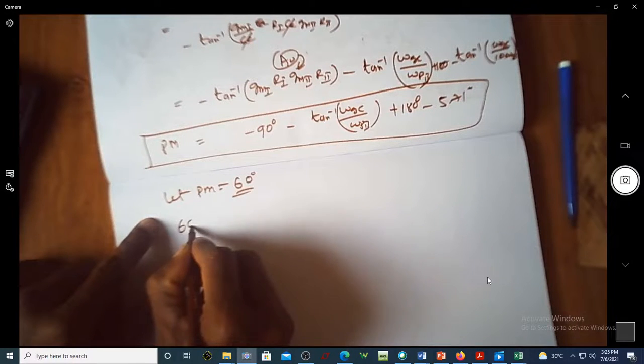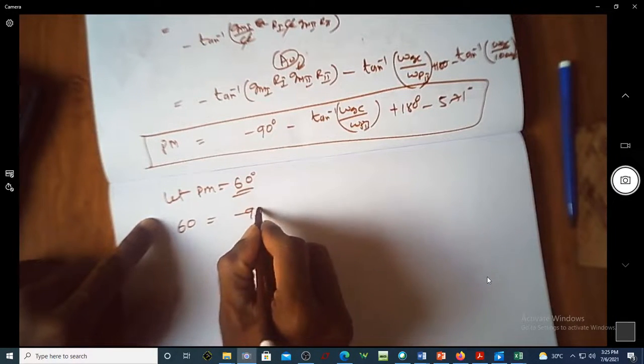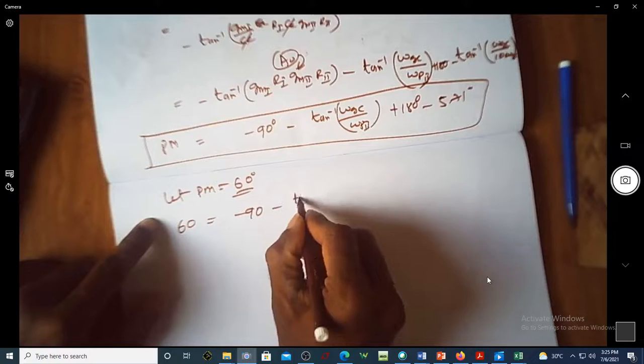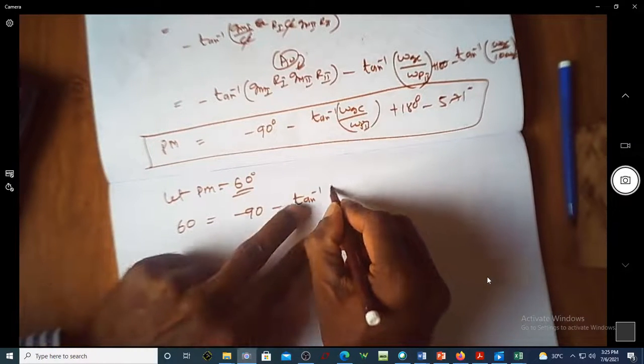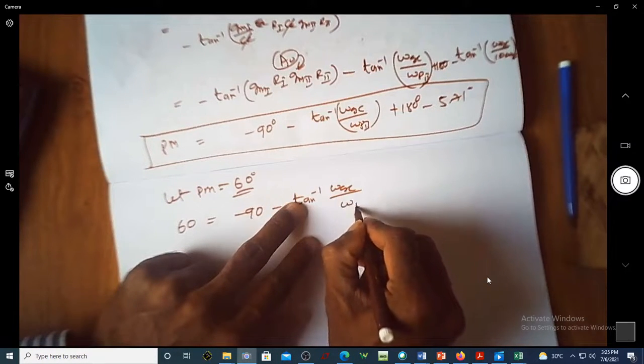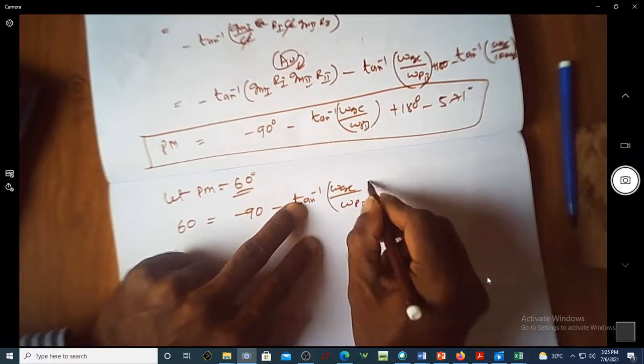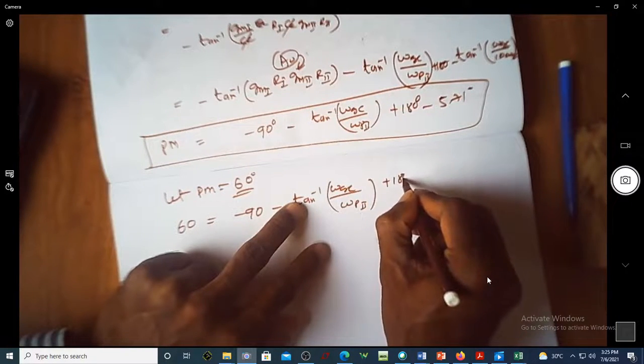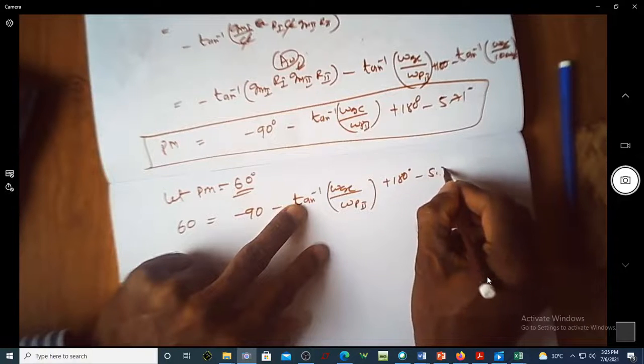So let me write it as 60 is equal to minus 90 minus tan inverse of omega gc by omega p2, plus 180 degrees minus 5.7.